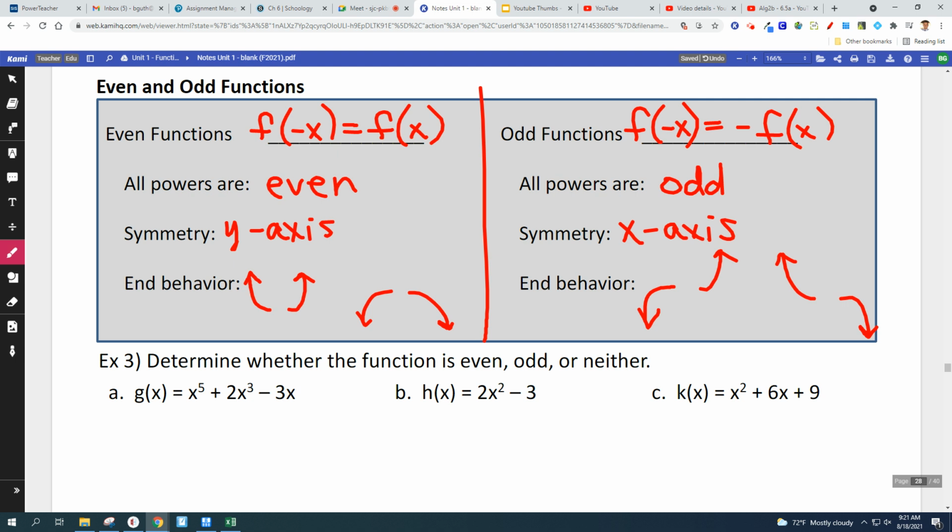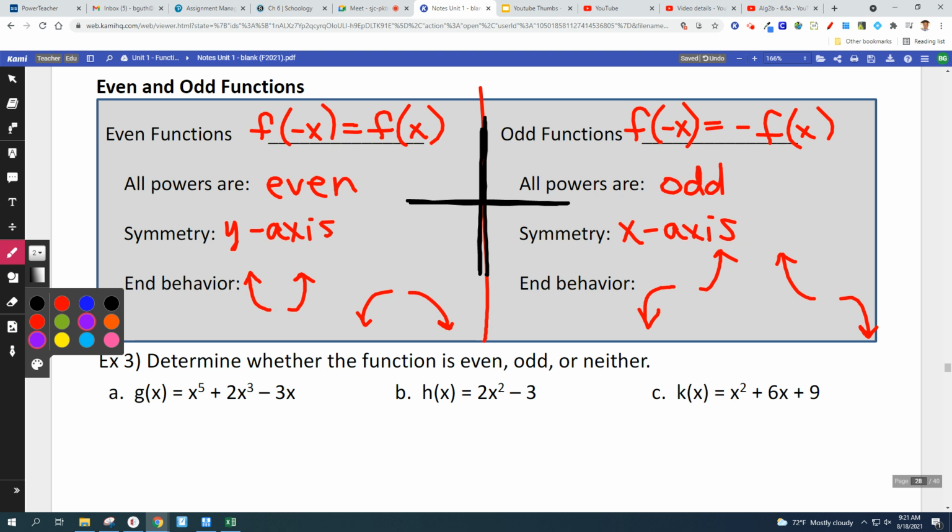So the way that I think about this, that I think is useful, is if you imagine a coordinate plane, and I'll do this with my body sometimes. Let's say you've got an odd function. This is my head, and the odd function is my arms.